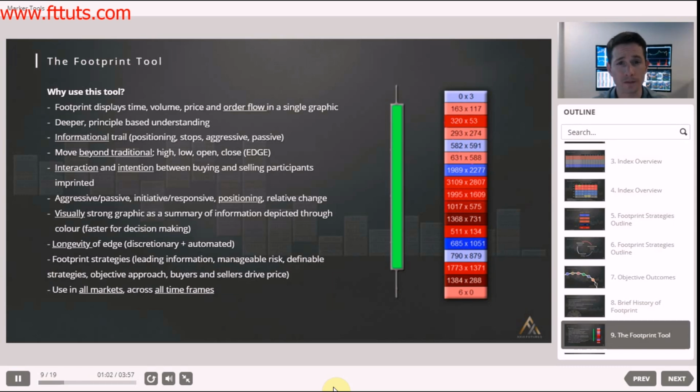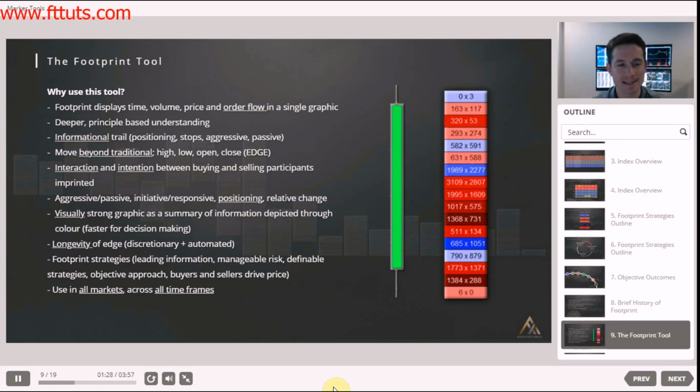So it won't offer volume at each price, just total volume. It'll also offer price, and it won't offer order flow. It'll simply show you the net result of buying and selling interaction. So we can already clearly see that the footprint adds two unique elements, order flow and volume at each price, over the traditional candlestick.